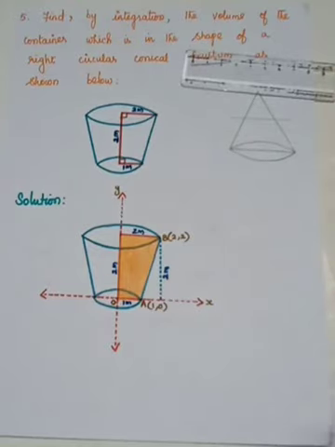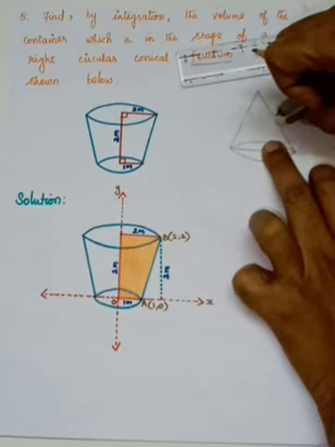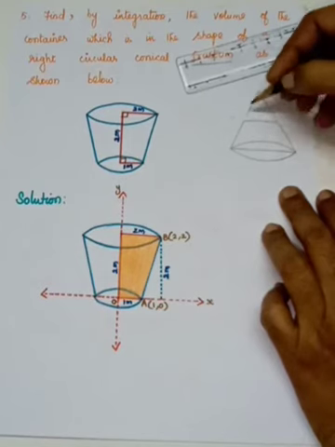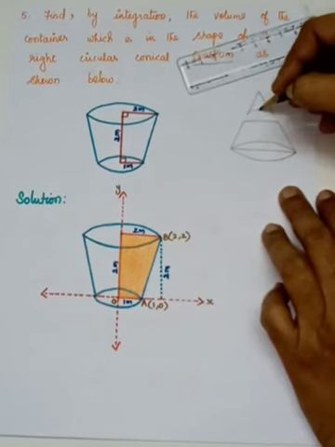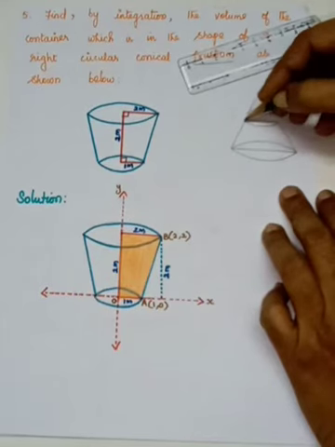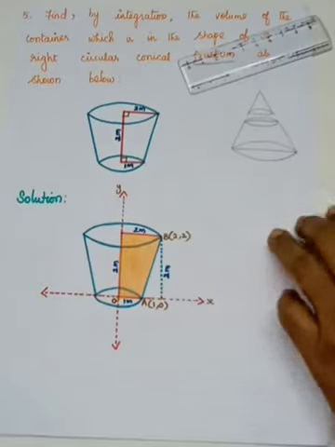When it is cut, you will get two parts. One is the upper part of the cone. Another one is called the frustum. So this part is nothing but the frustum.